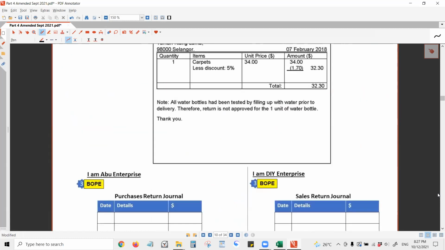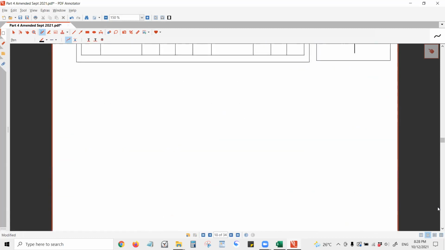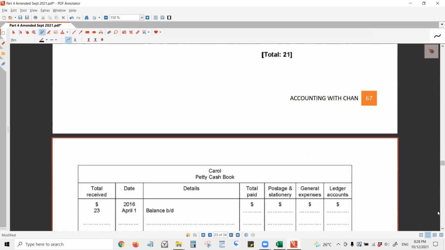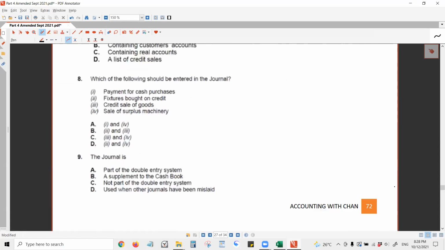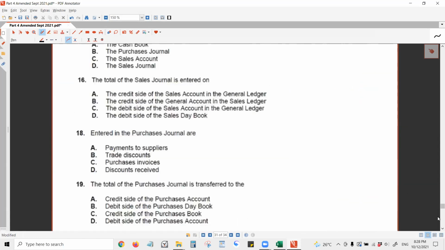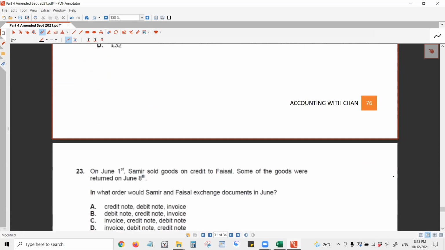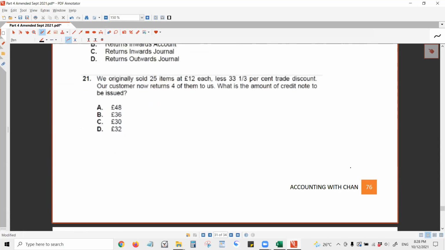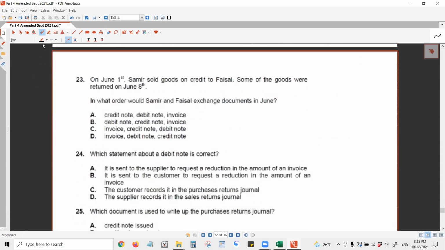So go to the question section, few pages later, have a look at page number 77. You do question 23, then you tell me your choice.